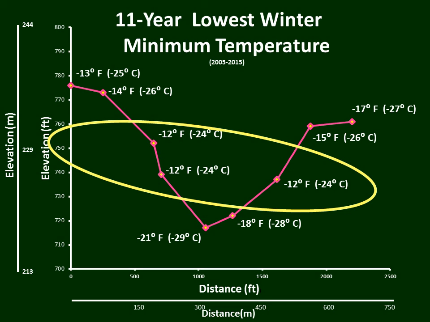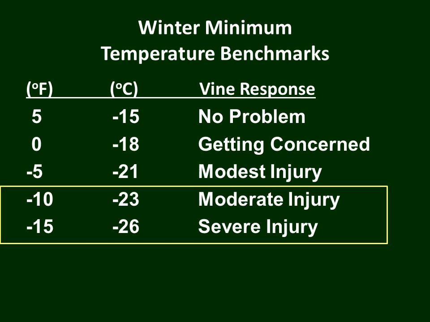And the lowest temperature we recorded over 11 years in that location was -12. Well, that puts us, according to our benchmark values here, in a moderate to severe category between -10 and -15 Fahrenheit.